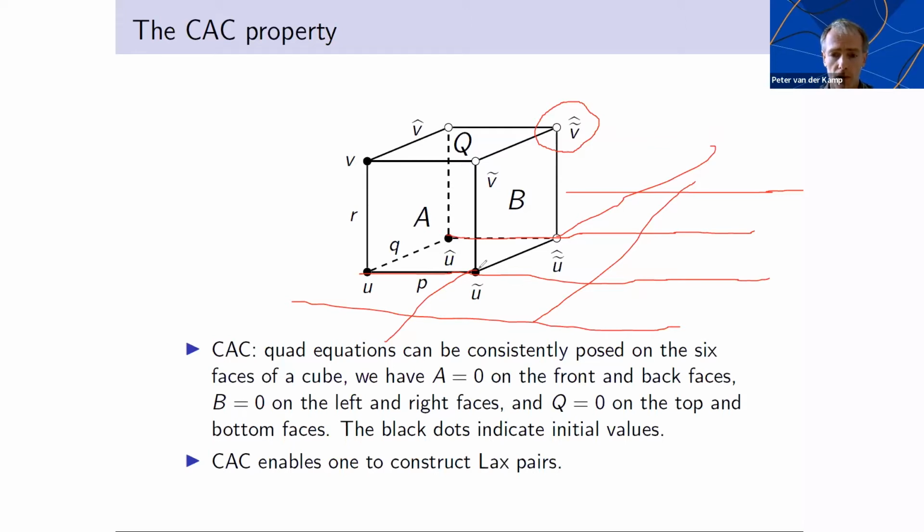So 6 equations, if they lead to the same value, you have a cube system, and that can be consistent as well. The Lax pair thing is really when equations on opposite sides or parallel sides are the same.